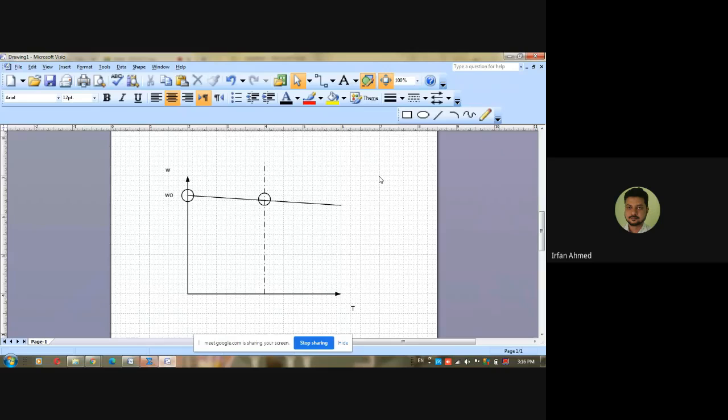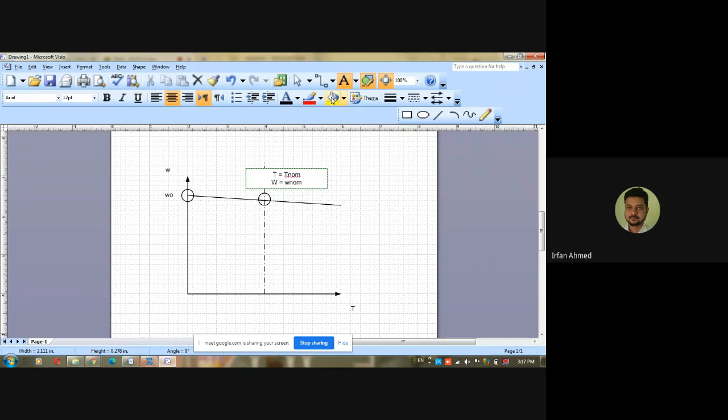Okay, so to construct the speed torque characteristic, all that we need are any 2 points on the characteristic. The most convenient 2 points to be obtained are one corresponding to the ideal no load speed, where the torque is 0 and the speed is the no load speed, and the other corresponds to the nominal or rated electromagnetic torque, where T is equal to T nominal and omega is equal to omega nominal.